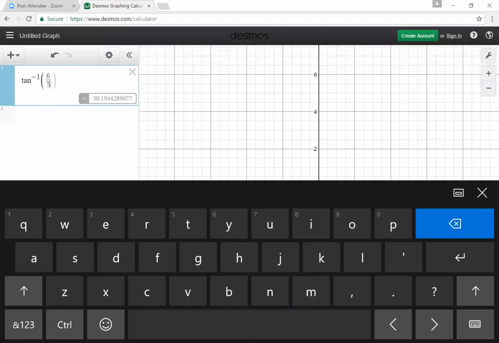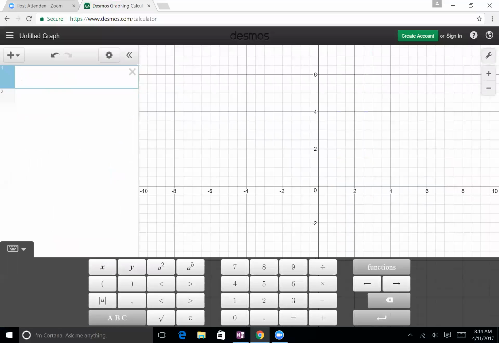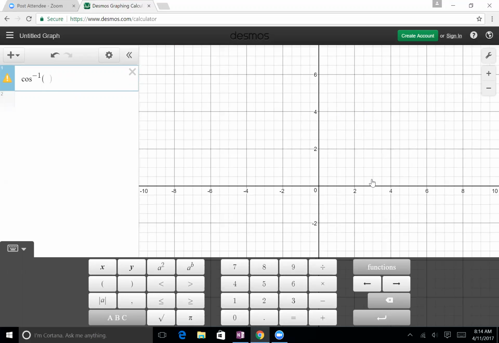I'm going to delete all that out. Here are functions. Inverse cosine of 7 divided by 11. And it's 50.47.